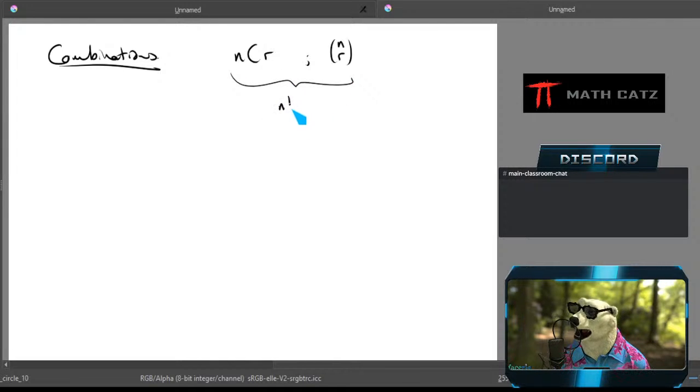Regardless, you calculate this as n factorial over the difference factorial, r factorial. Feel free to steer me in a different direction. I'm just guessing what you need here. I don't have a lot of questions just off the top of my head that are involved, but it doesn't take much to just make one up.